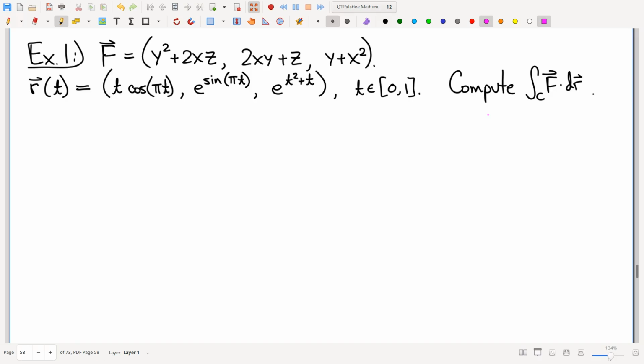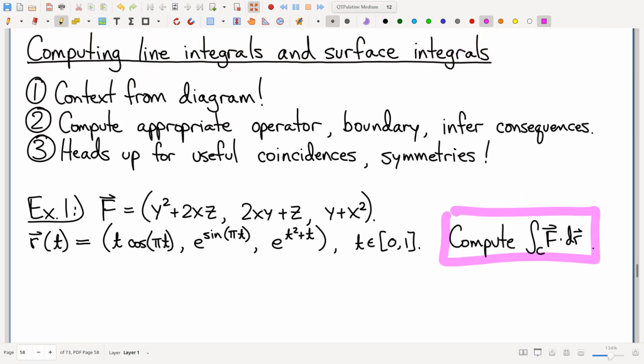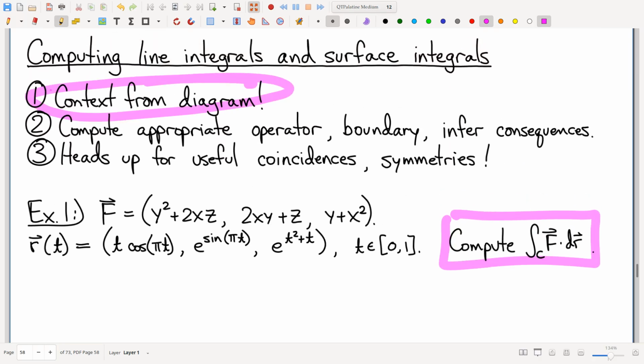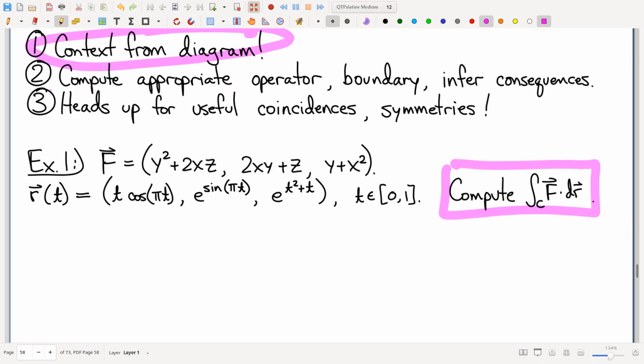And here we go. The question says to compute a line integral. Step 1, where are we on which diagram? What are we doing here, right? It says compute a line integral. By the way, notice we're in 3 dimensions. The vector field has 3 coordinates, our parametrized curve, another dead giveaway, 3 coordinates.